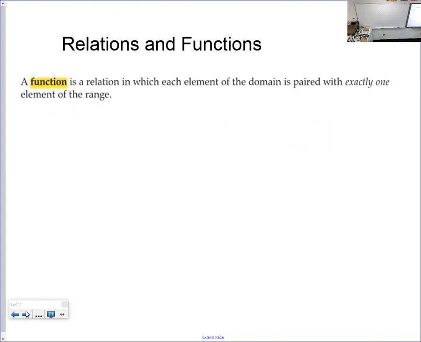So if you have a domain value, it can only go to one thing in the range. And we'll look at a number of these examples as we go through it.